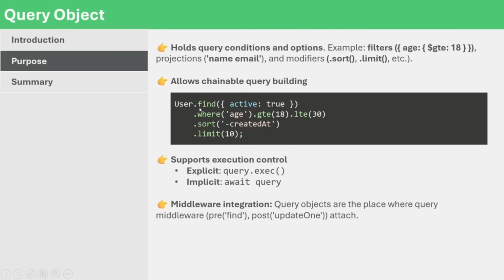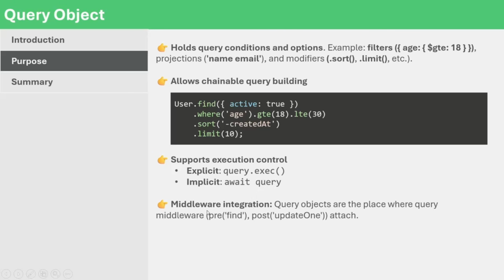For example, the find method returns us a query object, and on that we can chain other query methods like where, gte, lte, sort, limit, etc. Also, we can execute a query object either explicitly using the exec method or implicitly by simply using the await keyword in front of the query.